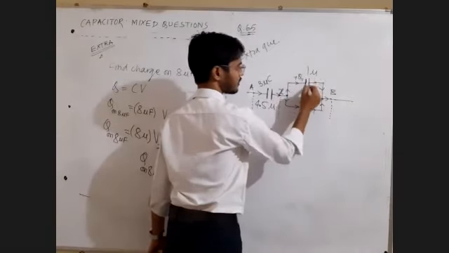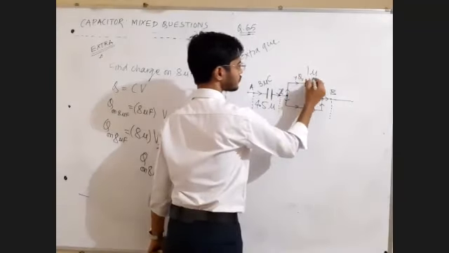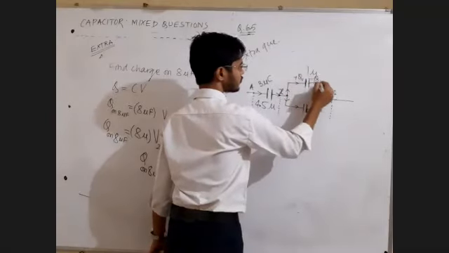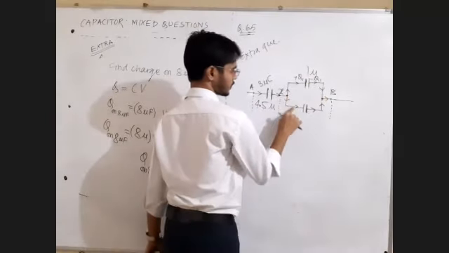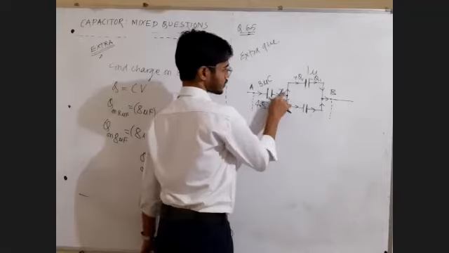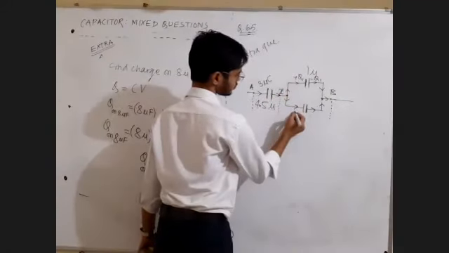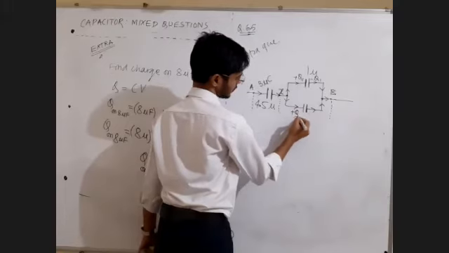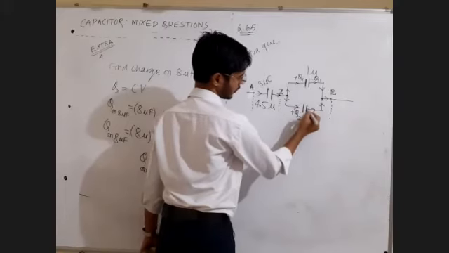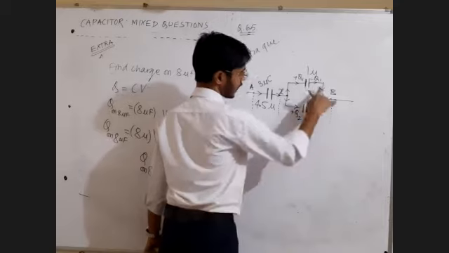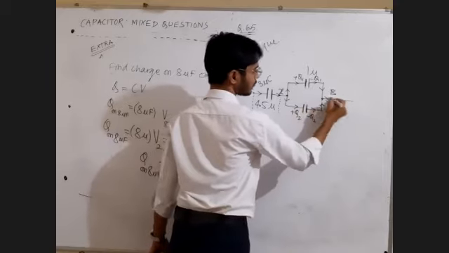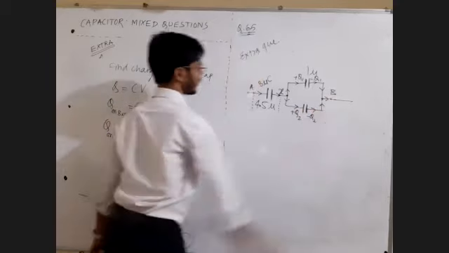Here of course it will be minus Q1. Okay, charge will split here. Of this 3 microcoulomb, some charge will go here, some charge will go here. Let's say plus Q2 on this plate, and on this plate it will be minus Q2. Again Q1 and Q2 will combine and will move ahead.